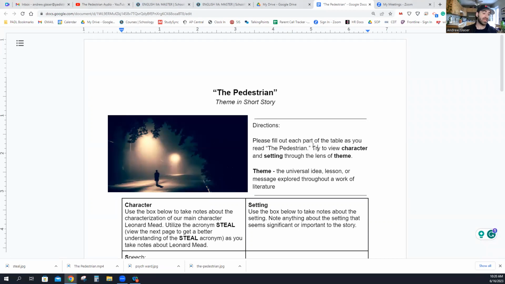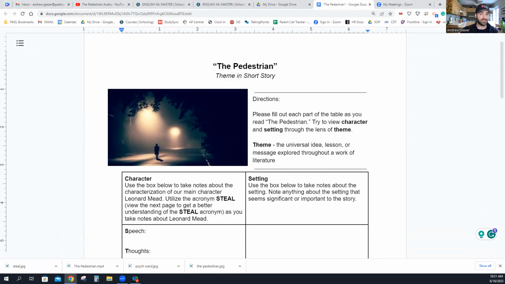Having a solid understanding of the character and the setting within a story is going to help you determine theme, right? And as it says here, the theme is that universal idea, the lesson, the message of the work. Essentially, it's what the author wants you to take away from their work, okay?